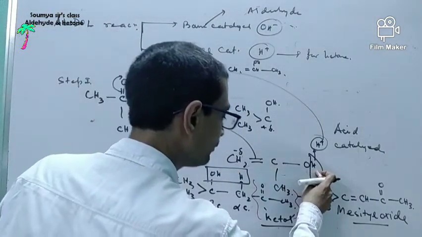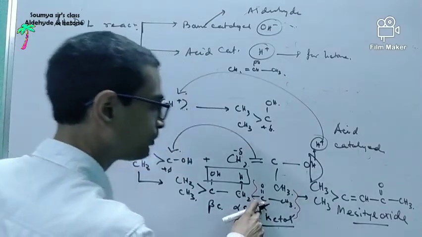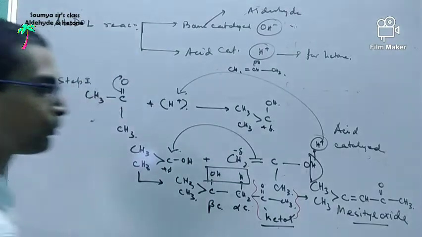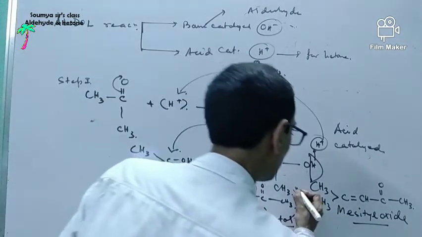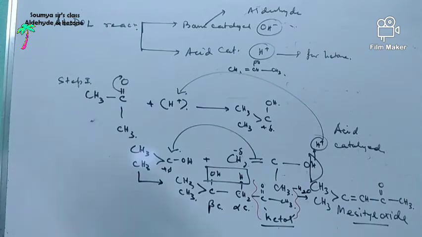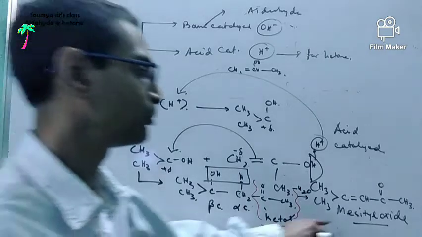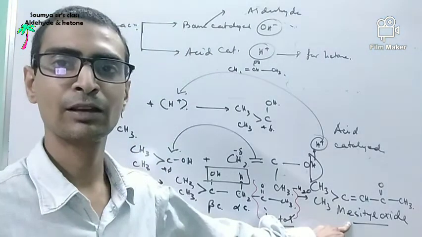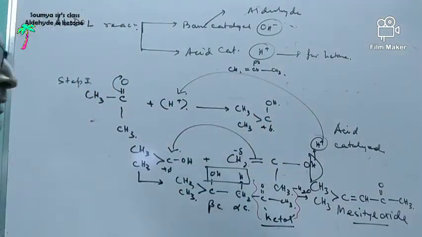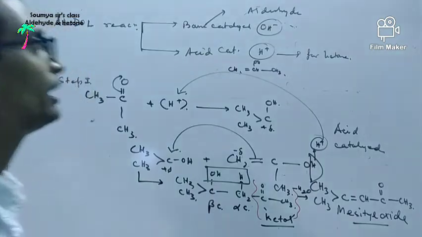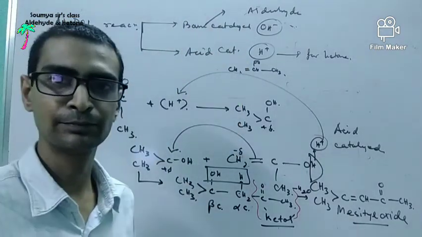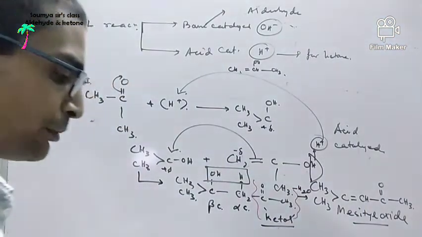The H part leaves so that the remaining part becomes a ketone. The beta hydroxy compound subsequently leaves a water molecule, as it is very much prone to dehydration, and forms mesityl oxide. Clear? This is base catalyzed and acid catalyzed. This is acid catalyzed for ketone, and previously there was base catalyzed for aldehyde. These are the very important mechanisms.